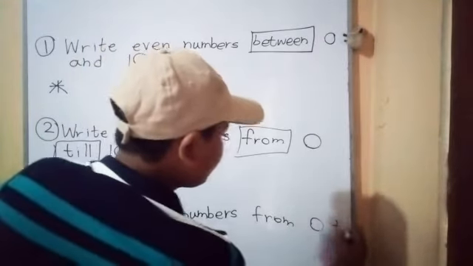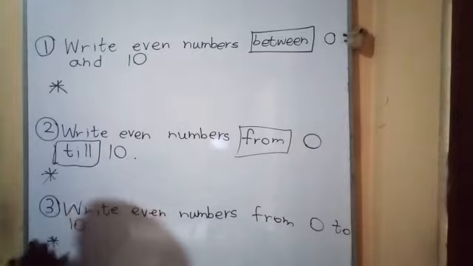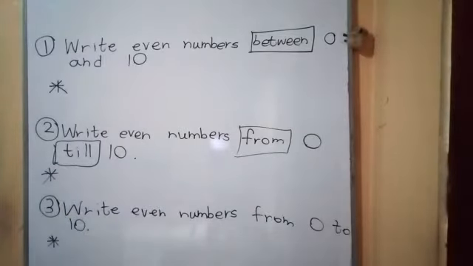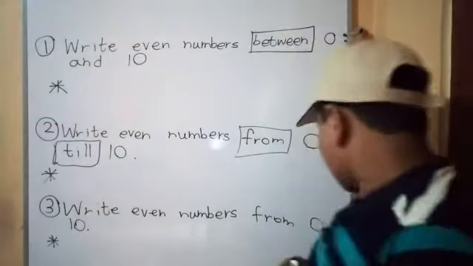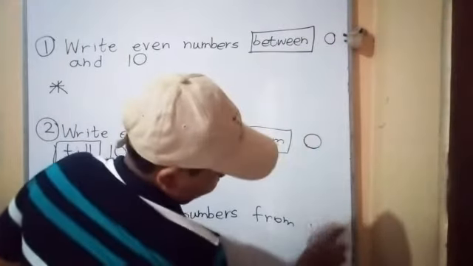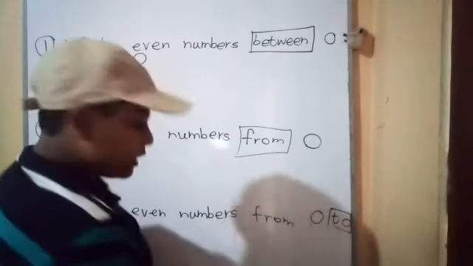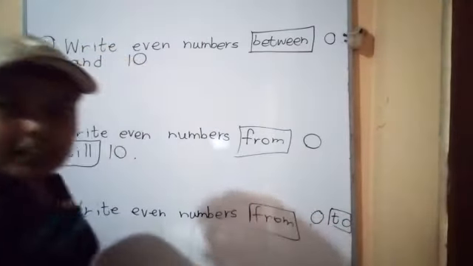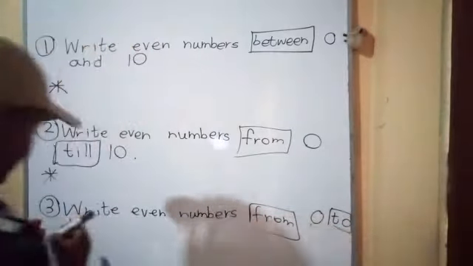They have different wording: from 0 till 10, and from 0 to 10.